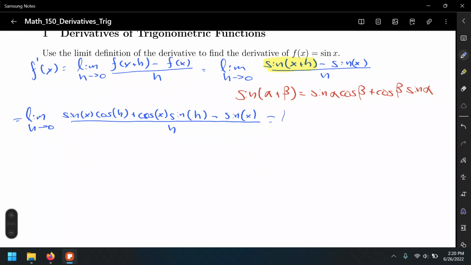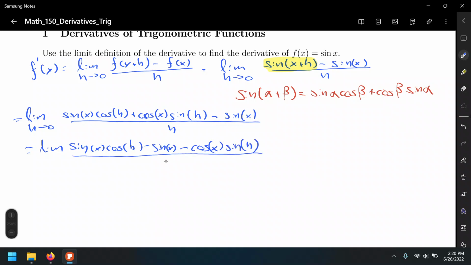So let me just rewrite: the limit of sine x cosine h minus sine x, and then, running out of space here, let me put this down over here instead, plus cosine x sine h, the whole thing divided by h, as h approaches 0.